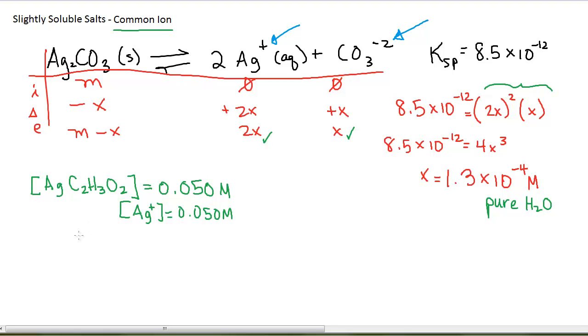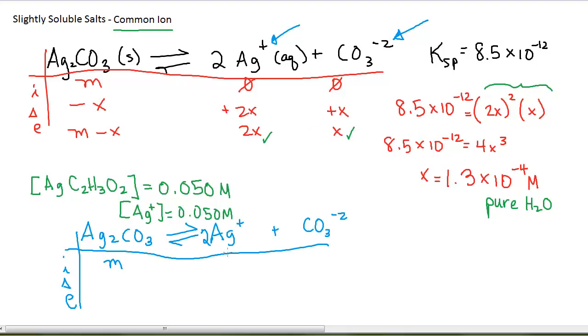So what would be the solubility of my silver 1 carbonate in a solution that already contains some silver ion? I could calculate it again using my ice table. Now here, my initial silver plus 1 concentration is not 0. It's 0.05 molarity. It is not 2 times that. I have a certain amount of silver plus 1 ion concentration at the beginning because of the silver acetate.